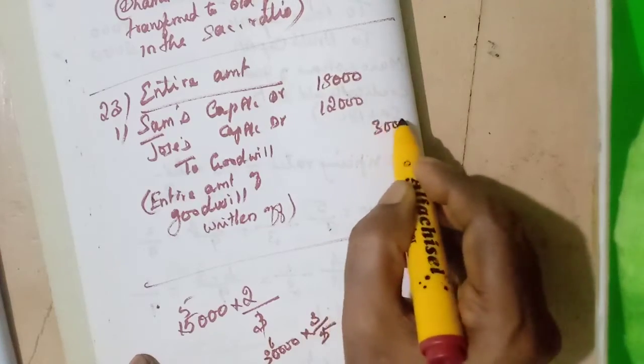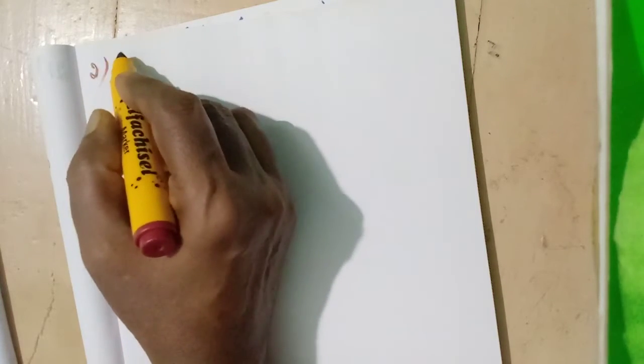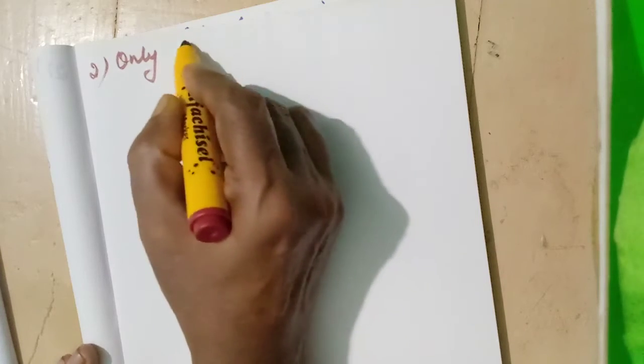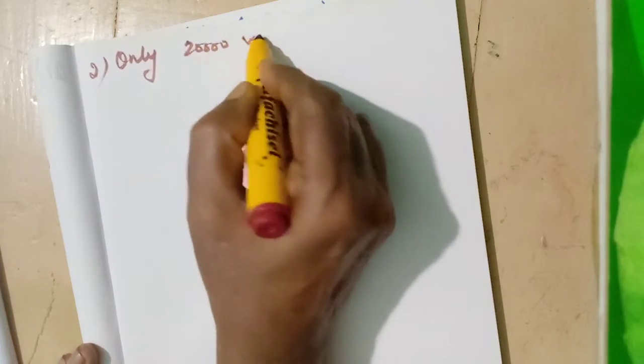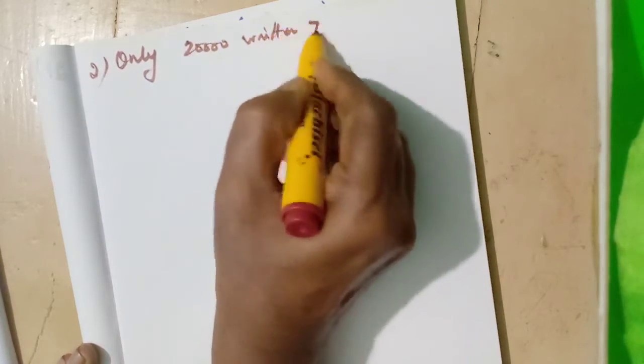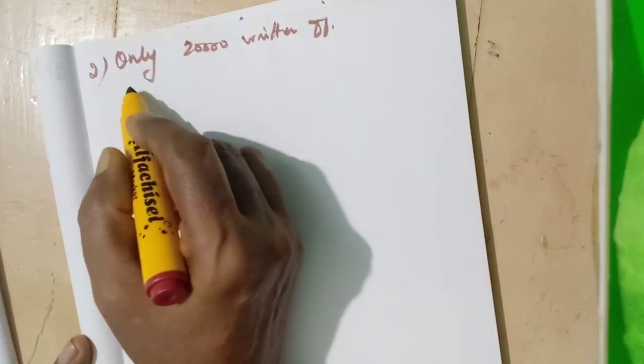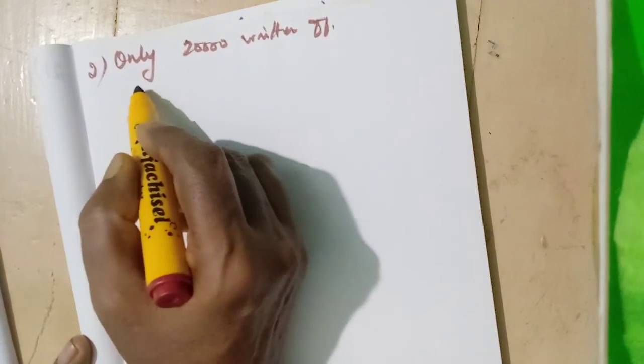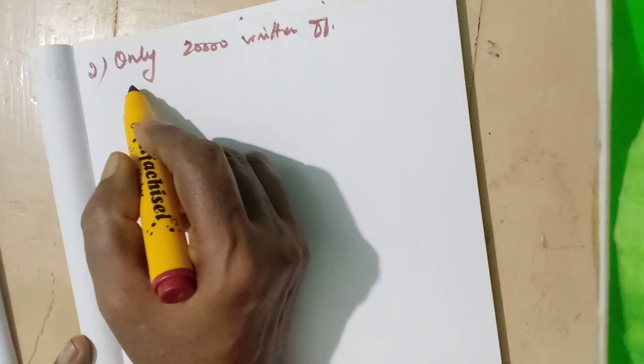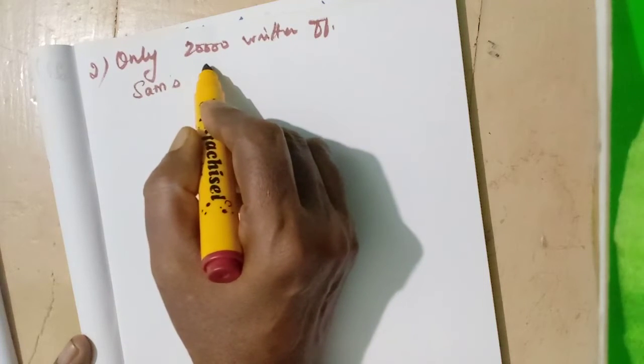Total 30,000. Then the next entry, only 20,000 written off. Here old partners' capital accounts, same entry only, the amount will be different.